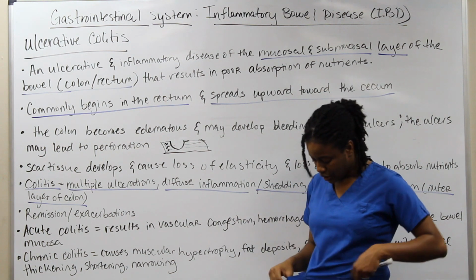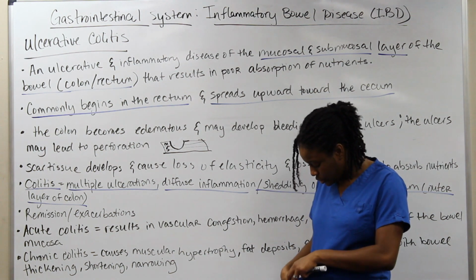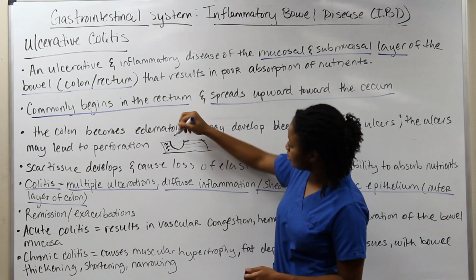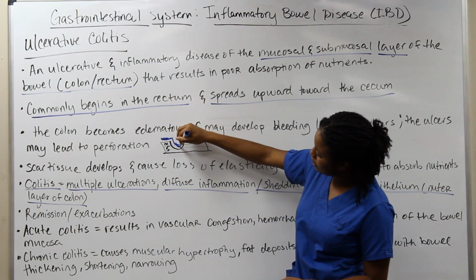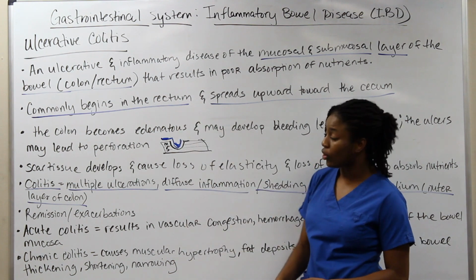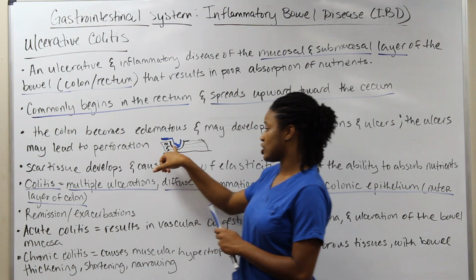So of course, it's going to make it harder, and you're going to have complications, right? You have things that can get inside in this area here that irritate this lining even more. Or it can lead to perforation.